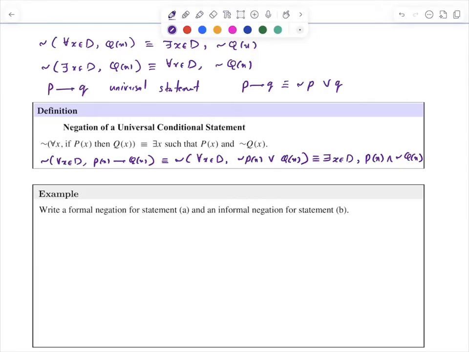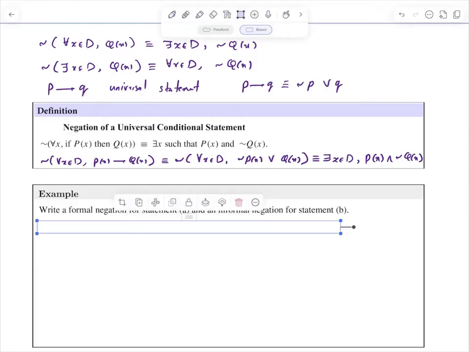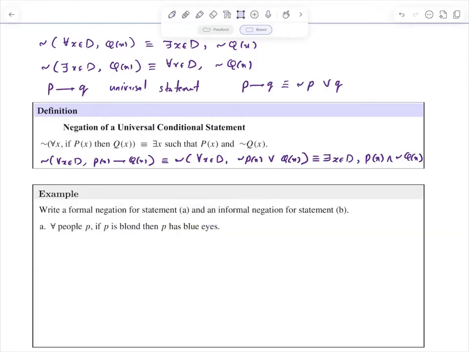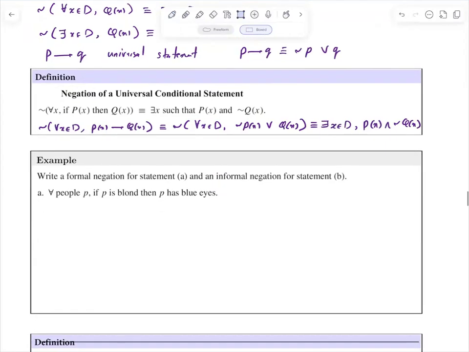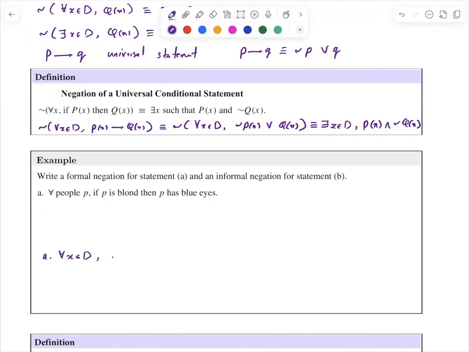Let's take a look at some examples and then we move on to contrapositive, converse, and inverse as well. Write a formal negation for the following statements. The very first statement says, for all people P, if P is blonde, then P has blue eyes, right? So first of all, let us convert this. It says, for any x in domain D, if P(x), then Q(x).